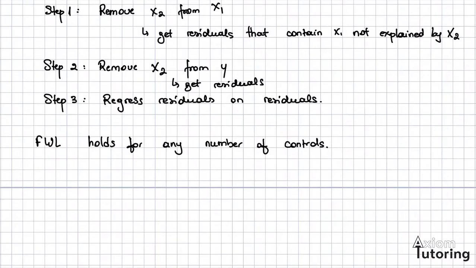If you have a model with x1, x2, x3, let's say up to x5 or x6, all of them get partialed out simultaneously.